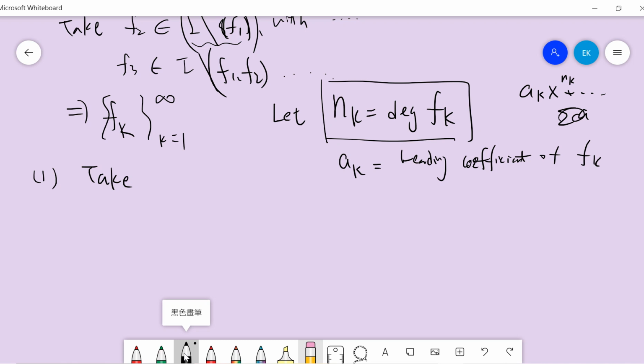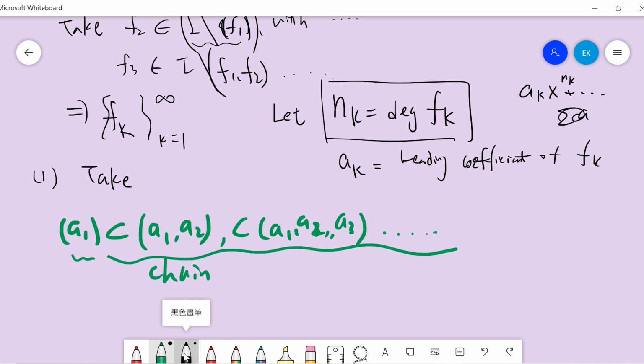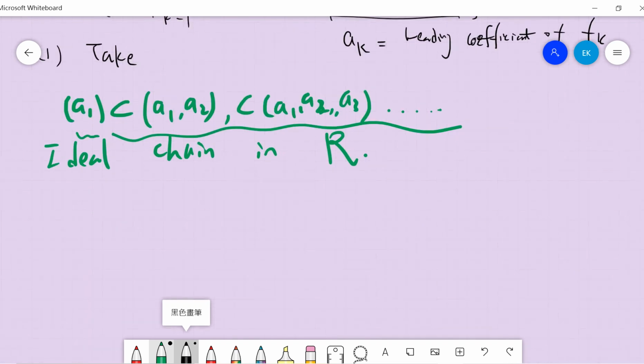Now I take the ideals generated by a1, then by a1, a2, then by a1, a2, a3, and keep going. This is an ideal chain in R. Now I want to say that this chain is not stable. If I can show that, then I know that R is not Noetherian.